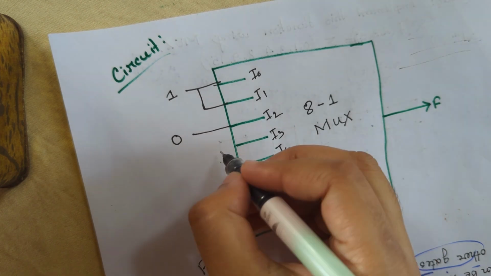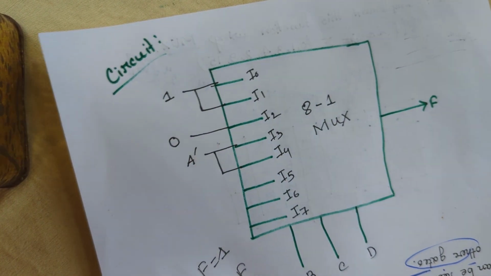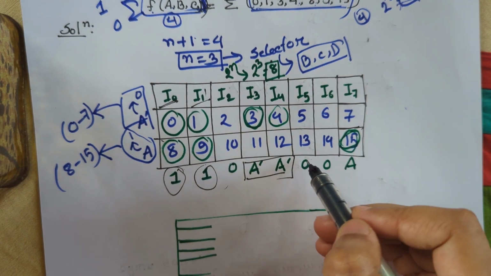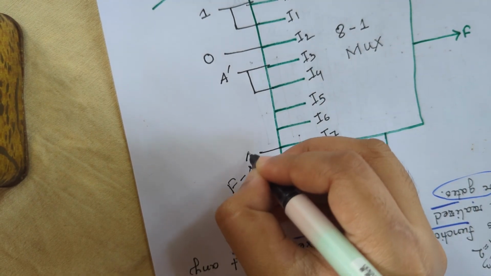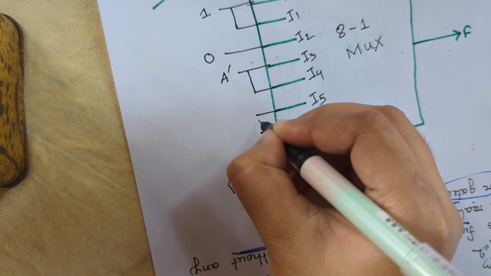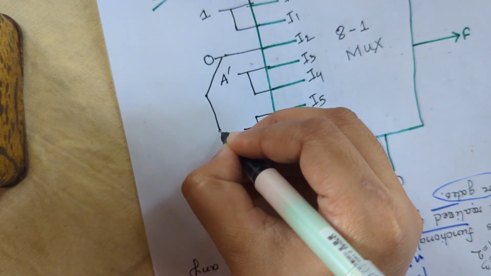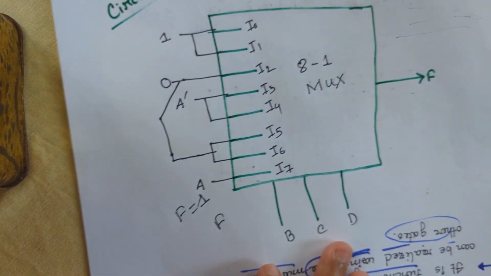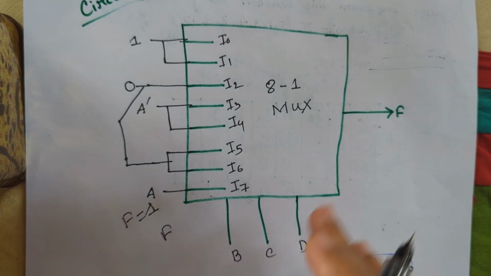So for I3 and I4 we will give A prime on our input lines. Then for I5 and I6 we got 0, and for I7 we got A. So I7 gets A, I5 and I6 get 0, and since 0 we have already lined, we will turn this line lower and connect with this. This is our ultimate mux function circuit.